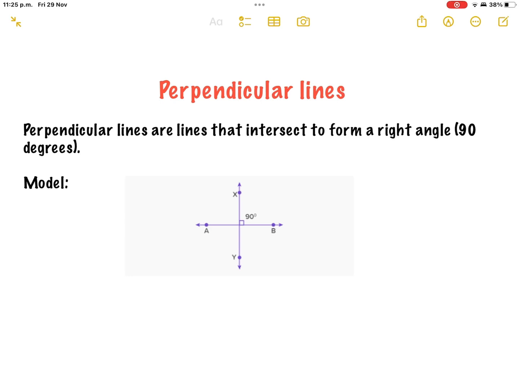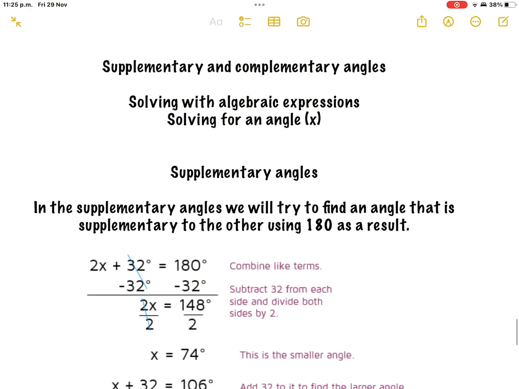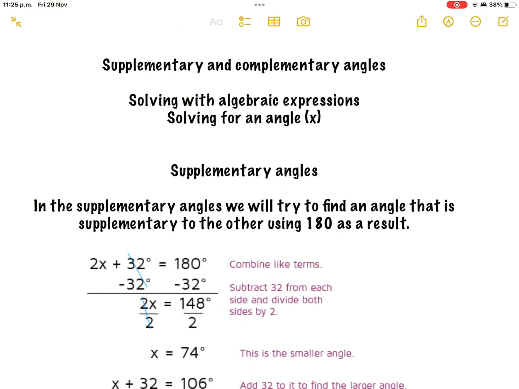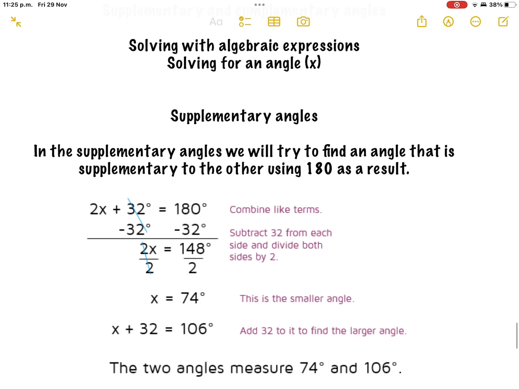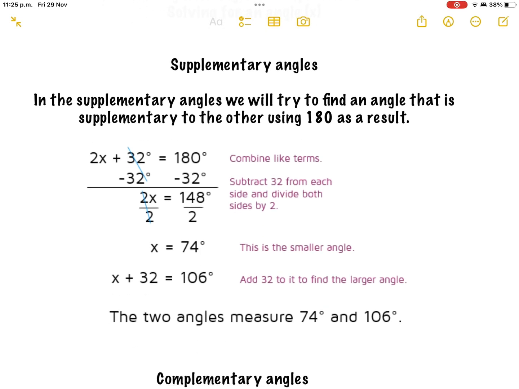There can be an algebraic way to find complementary and supplementary angles for an angle that is given to you. Firstly, for the supplementary angles, we know that the angles measure 180 degrees, so we're going to put the algebraic expression. These algebraic expressions will be shown in the video.